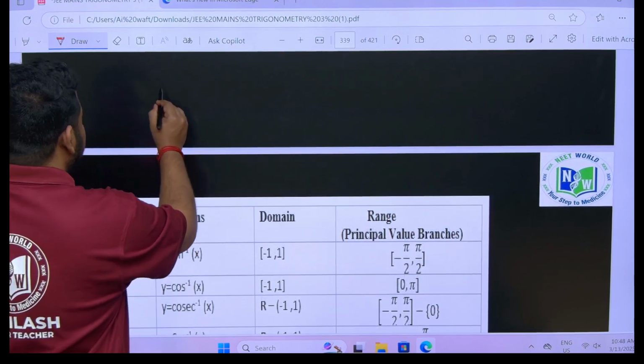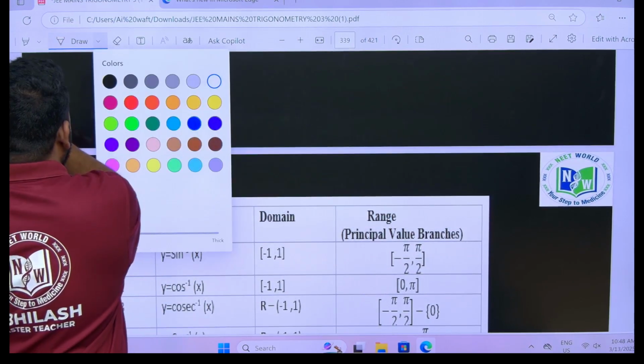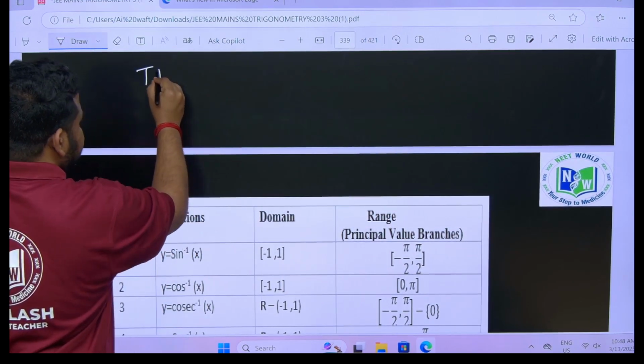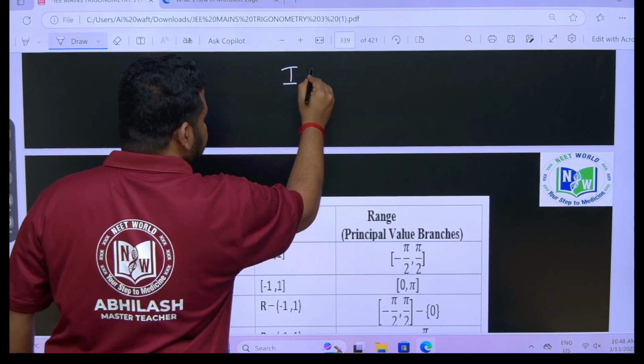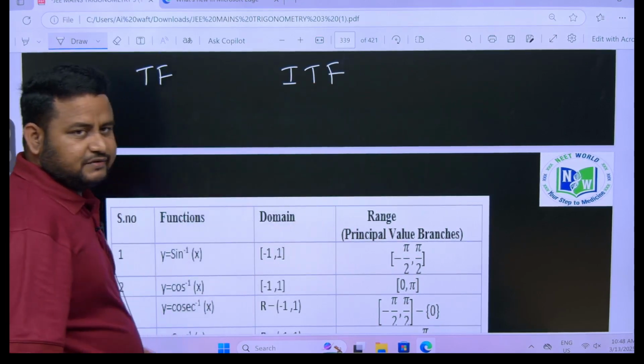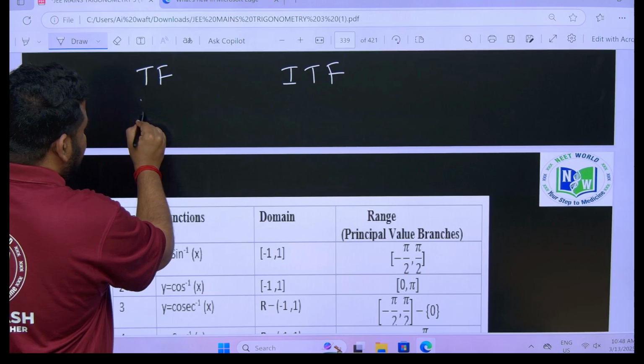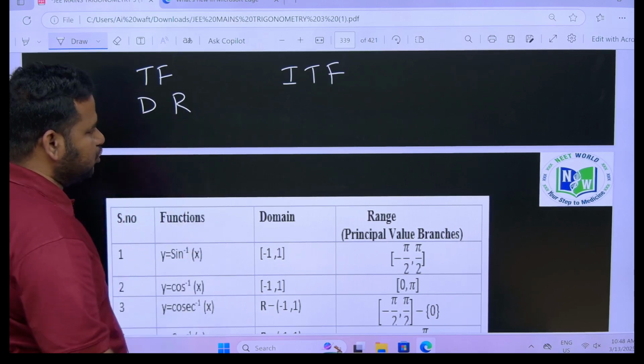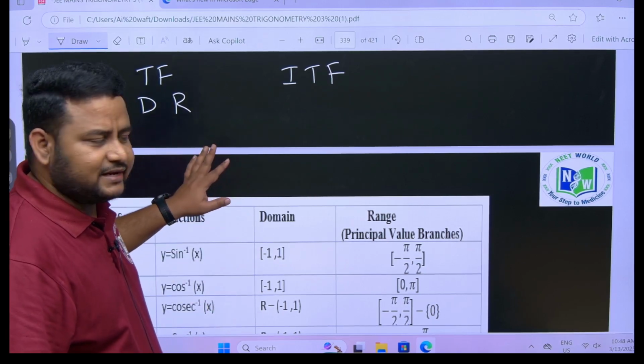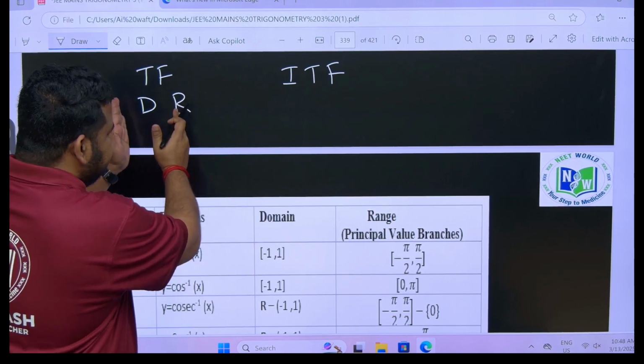In inverse trigonometric function, you must know one thing. This is trigonometric function, this is inverse trigonometric function. For trigonometric function, we had something called domain and range. So what will happen here? I told you what is left will become right.